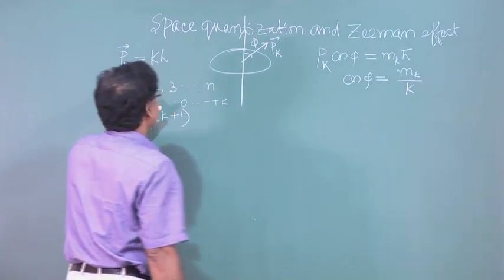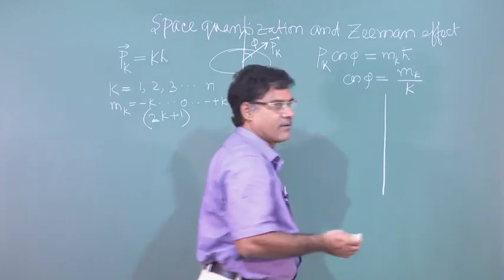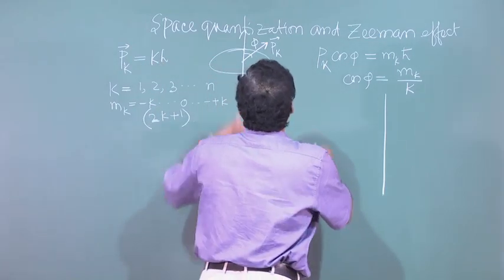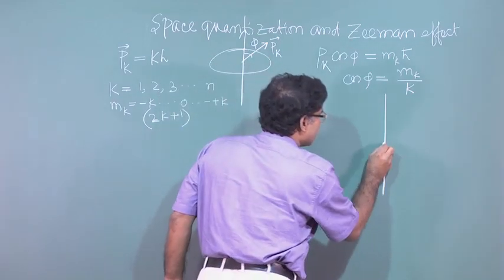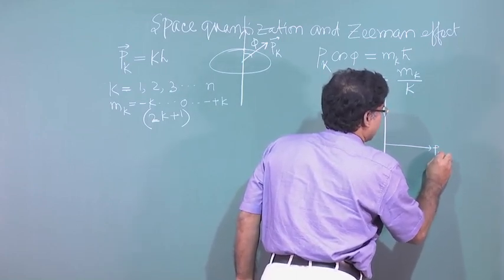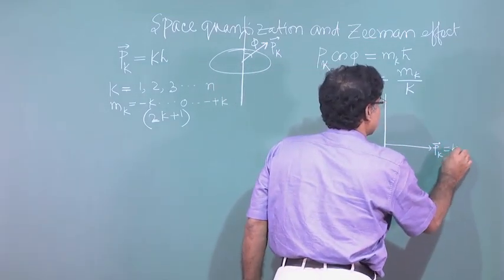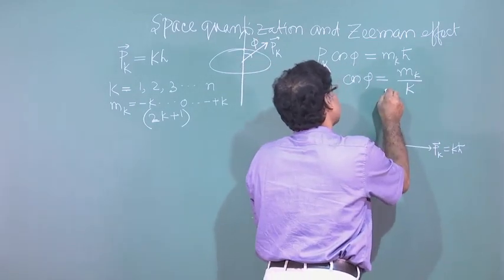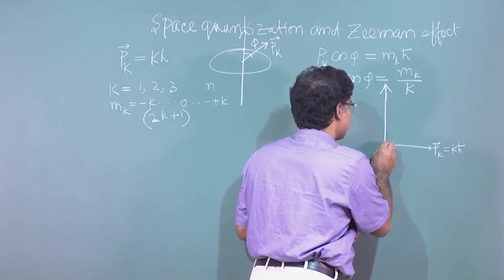So, this quantization is for a particular k value. If k is, say, 2, it can have different orientations. Now, which orientations are allowed? If this is the Pk value, and this is one orientation, then its projection along the reference direction in space is 0.